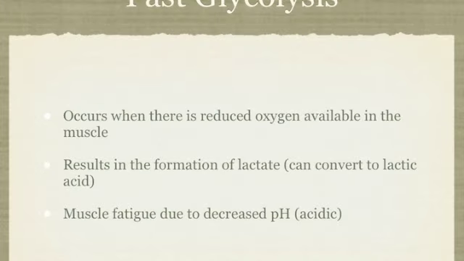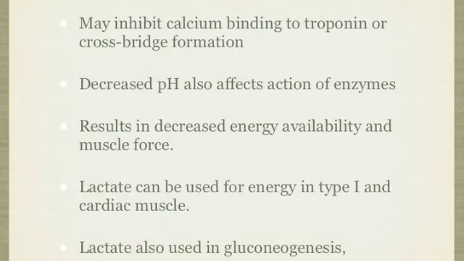So fast glycolysis occurs when we don't have enough oxygen available in the muscle, and it produces this lactate, which is eventually converted to lactic acid. We see significantly decreased pH, a more acidic environment in the muscle, resulting in muscle fatigue. And this is then going to inhibit glycolysis, or this production of ATP.